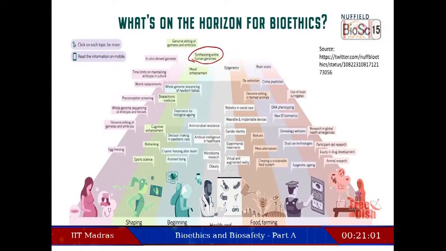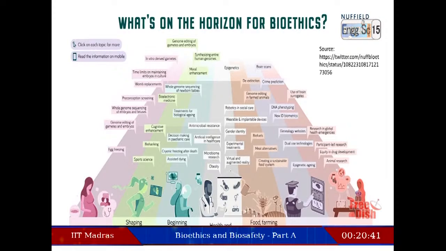The idea of showing you these graphics is to show you the contextual relevance of genome editing with respect to bioethics and how it is becoming one of the main topics of concern and discussion.